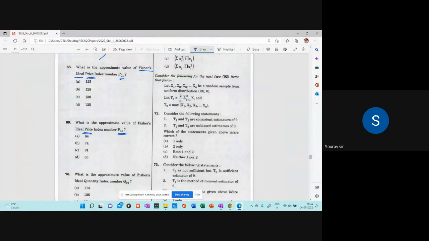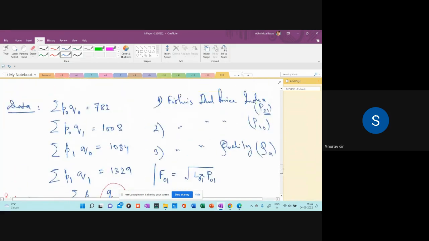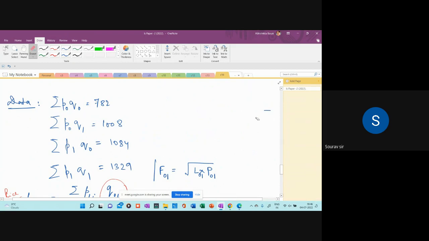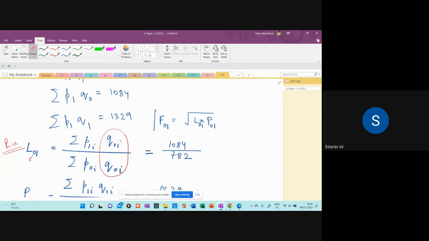So it is basically the approximate value of Fisher's ideal price index. Wait. Let me check the formula. I have written something wrong, I guess. Just a minute. Can you please check the values once again? Let me rub this. This is creating more confusion. We are actually finding Fisher's ideal price index number.